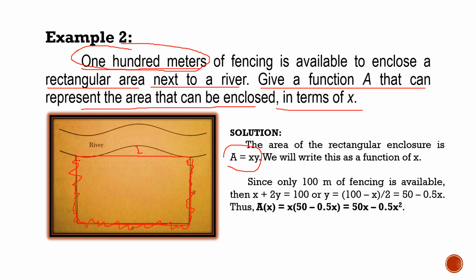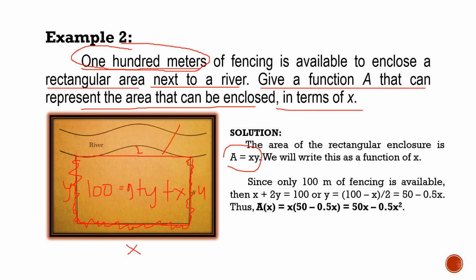So I mean to say, if there's a y here, and x here, and y there, so your 100 meters is equal to y plus y plus x.